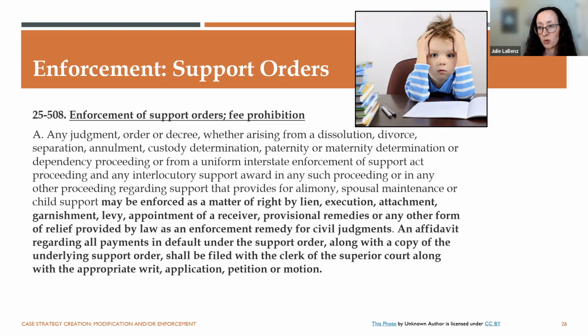Execution is where you lien the property and then seek to execute on it. Attachment, you can attach to different assets and look to collect that way. Garnishment is where you can garnish the other side's wages or bank accounts. Appointing a receiver, you can appoint somebody to take the property and liquidate it. And then there's some other provisional remedies as well.